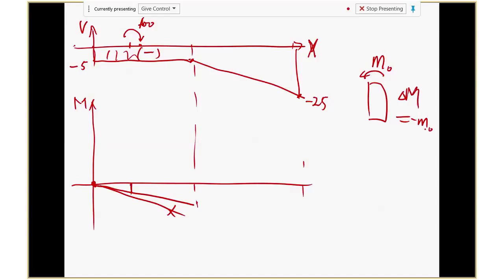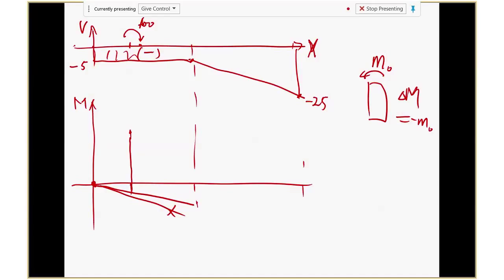You go down M0. Now you have 100 this way, so it should go up 100. So it should go somewhere here. Is that correct? I'll explain in a second how you physically explain why it's going up. But according to our rule, you should go up 100.